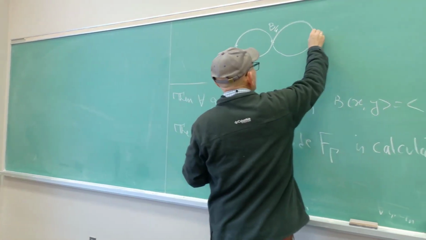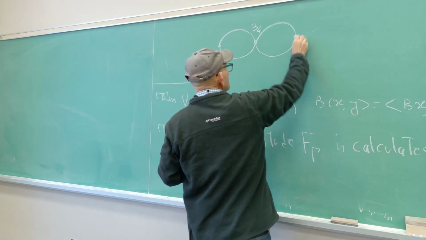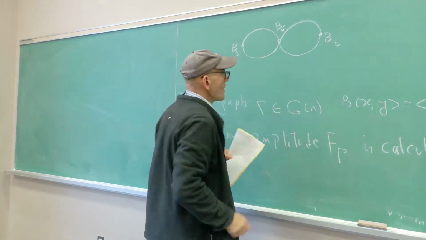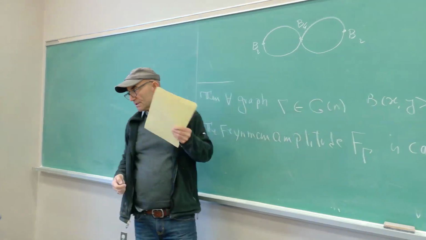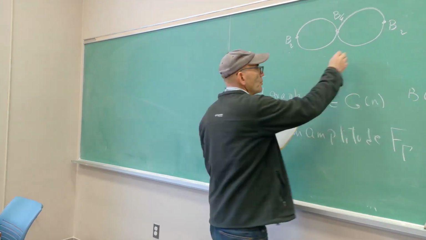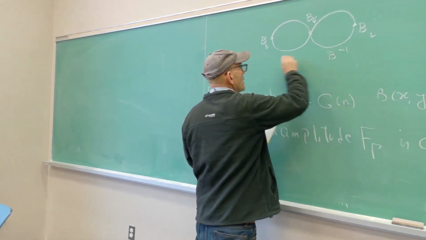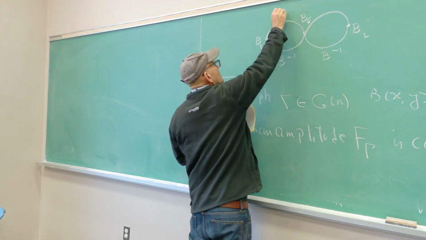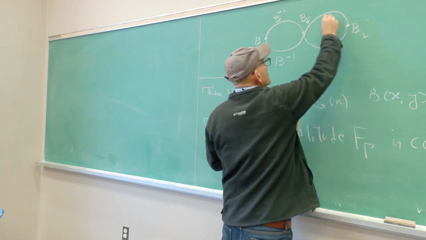And at these two vertices, we put the tensor B2. And there are 4 edges. On each edge, we put the tensor B inverse, the propagator.